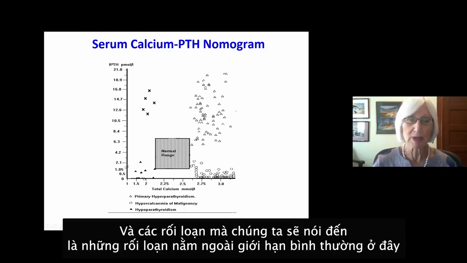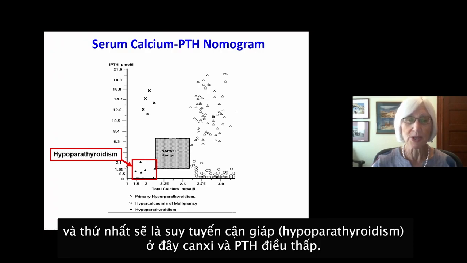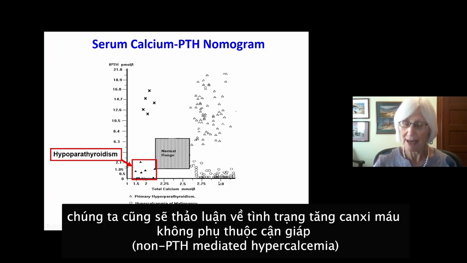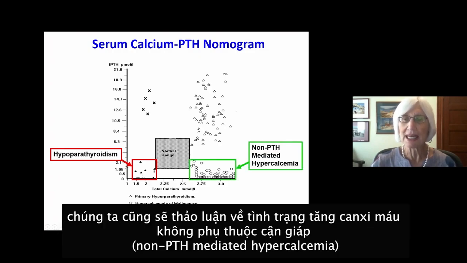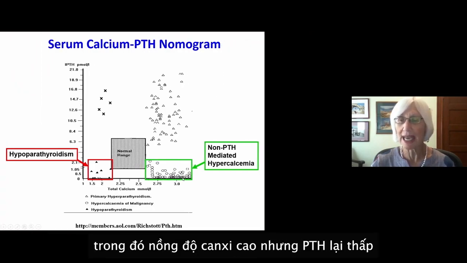And the disorders we're going to talk about are ones outside of the normal range here. One is going to be hypoparathyroidism, where calcium and PTH are low. We're also going to discuss non-PTH mediated hypercalcemia, where calcium is high, but again, PTH is low.